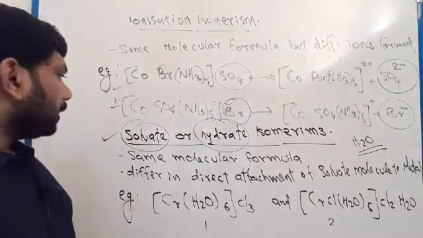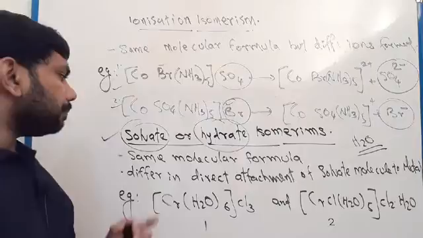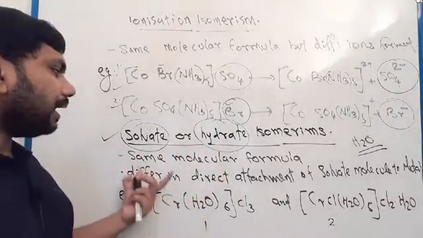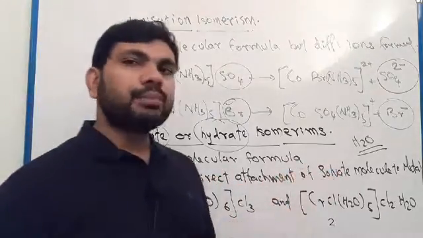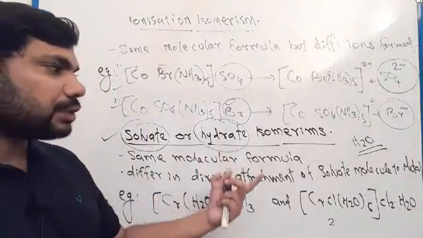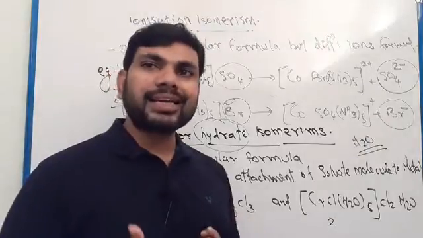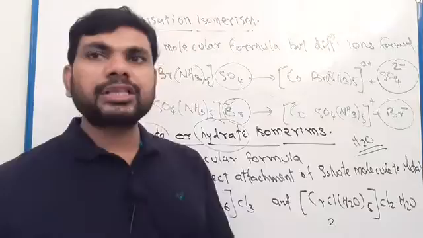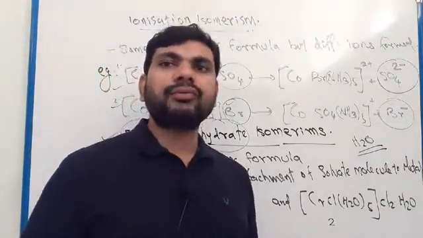So hydrate or solvent isomerism means molecules have the same molecular formula but differ in the direct attachment of solvent molecules. Solvent molecule means water molecule. The direct attachment of solvent molecules to the central metal atom differs, but they have the same molecular formula.